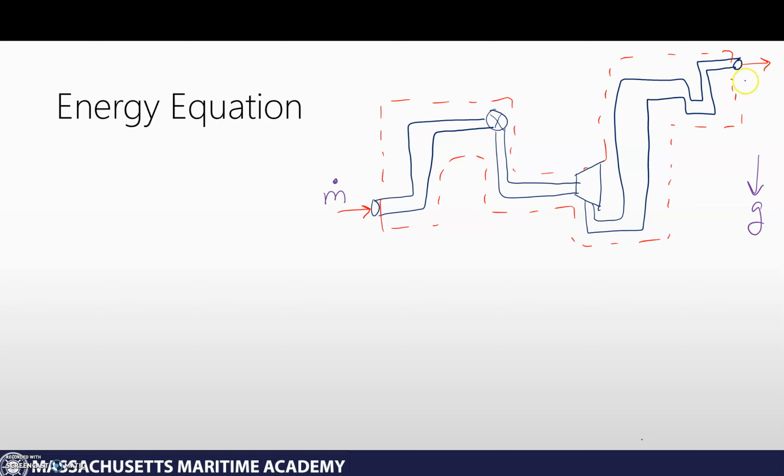So I do have some fluid that's going to be coming in. It's going to have some m dot, mass flow rates coming in and coming out, and it's bringing energy into the system. What kind of energy is it bringing in? Well, it's going to be bringing in internal energy, U, that's all based on temperature. We're going to be bringing in boundary work, which is denoted by our pressure.